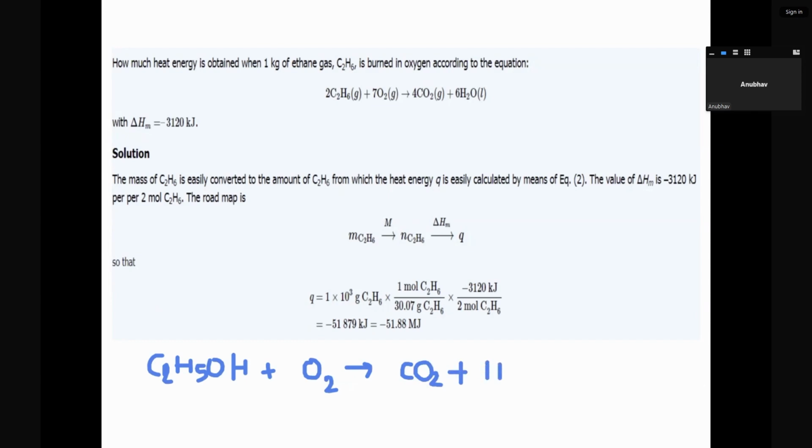For your convenience, whenever a hydrocarbon is burnt with oxygen, the product will be CO2 and water. So you have to balance the equation first. On the right side, we have 6 hydrogens and on the left we have only 2 from water. So we will put 3 over here.